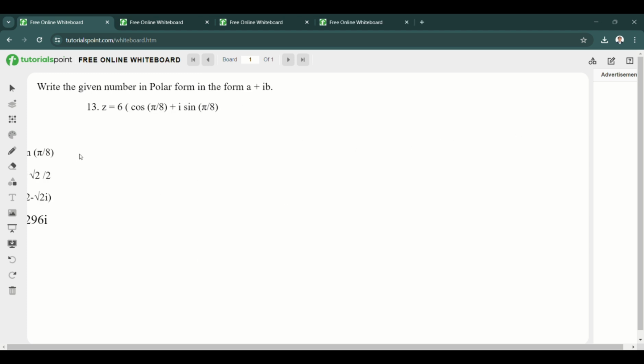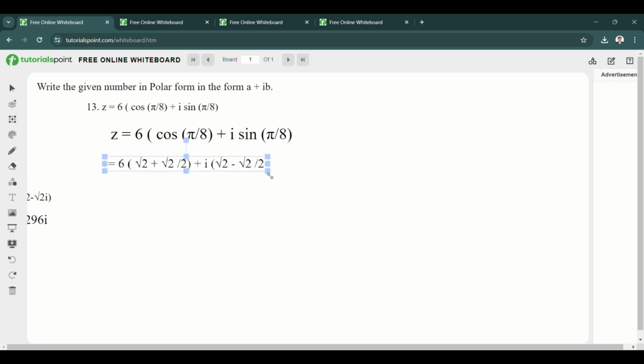Then now, number 30, which is z equals 6 cosine π over 8 plus i sine π over 8. So we need the original equation, which is this. By evaluating the cosine and the sine, we will get the values of square root of 2 plus square root of 2 over 2 plus i square root of 2 minus square root of 2 over 2.